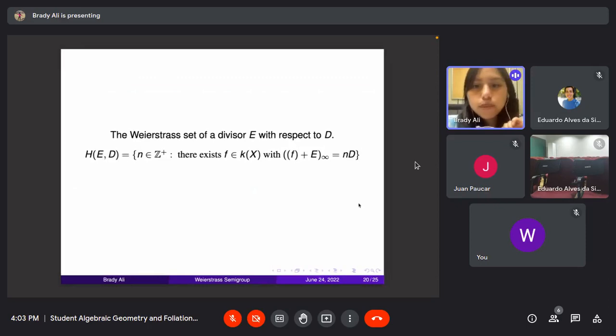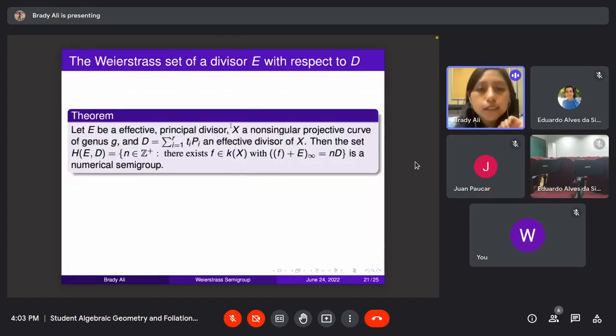Now I'm going to explain some properties that we found of this definition. We found that in the case when E is an effective and principal divisor and D is an effective divisor, this set is going to be a numerical semigroup.